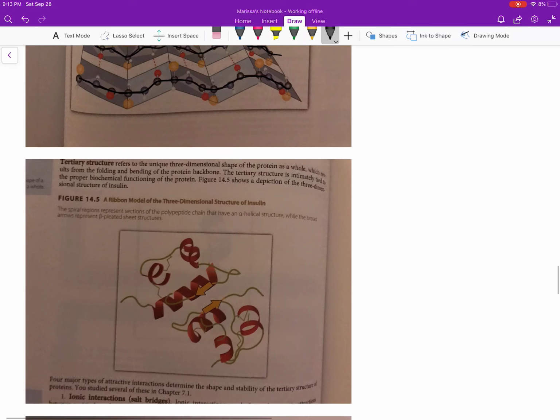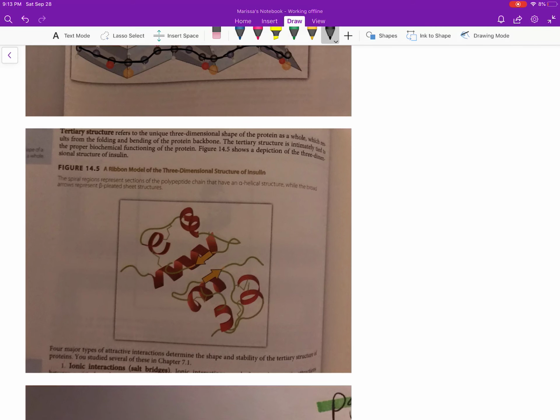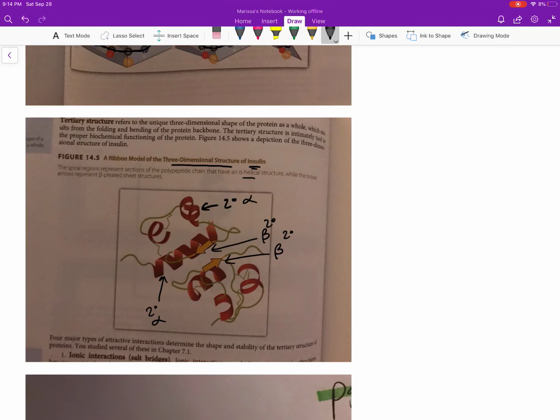Now when it comes to tertiary, we start looking at three-dimensional structures, and this is of insulin. So you can see it has that alpha helical structure right here, while the broad arrows represent the beta pleated sheets. Okay, so this is the three-dimensional structure.